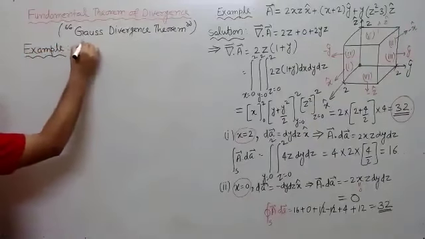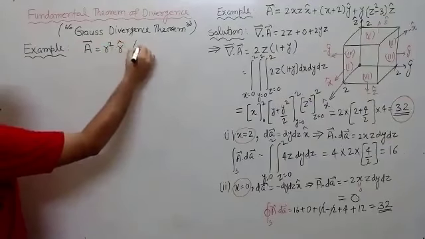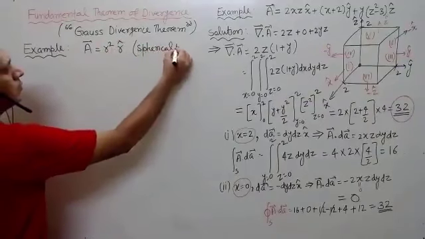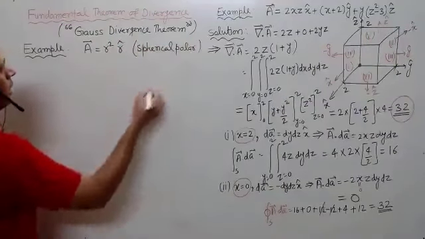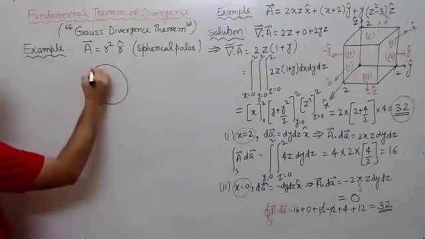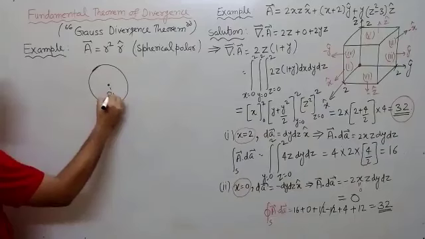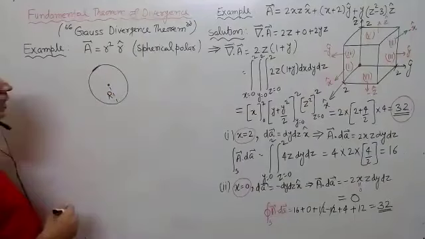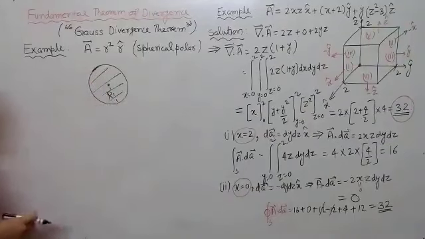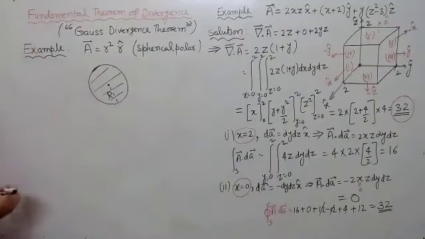Now vector A is r square r cap, given in spherical polar coordinates. And the volume is a sphere of radius R. You have to again verify the divergence theorem.